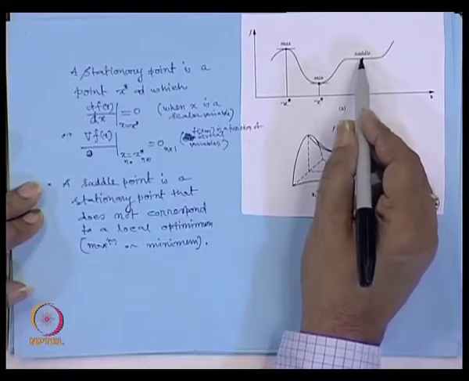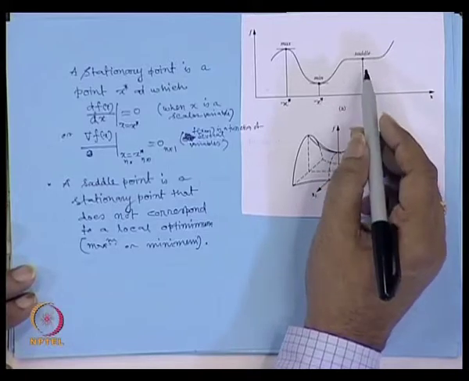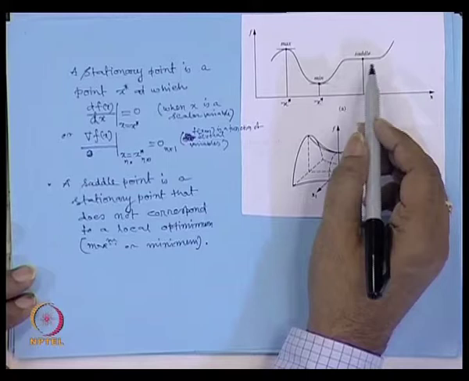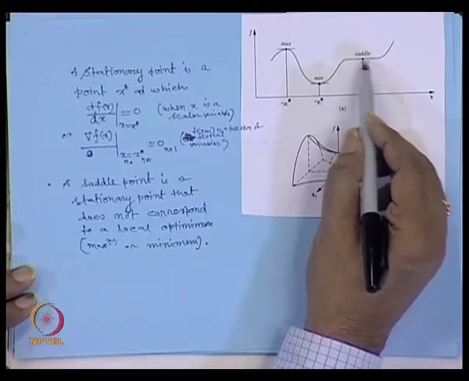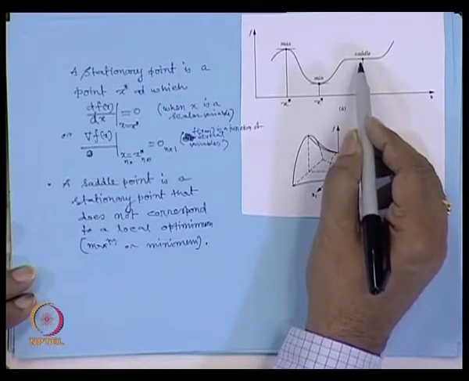And what is the saddle point of this one? A saddle point is a point that does not carry any information about the local minimum or local maximum or optimum point. You see, this does not show any local minimum or local optimum. So, this point is called the saddle point.